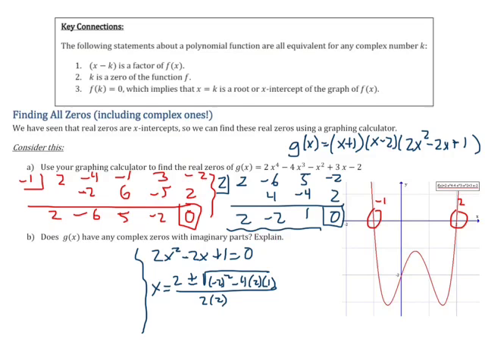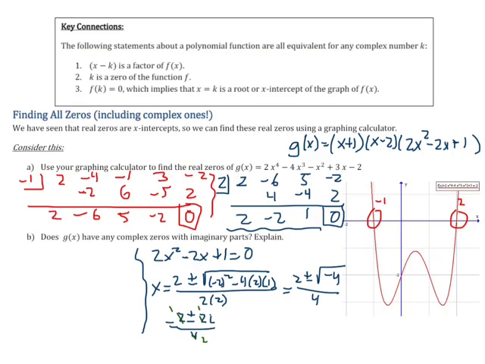Okay. And this is going to clean up to 2 plus or minus, and we have 4 minus 8, which is negative 4. So the square root of negative 4 all over 4, which is going to give us 2 plus or minus 2i all over 4. And with a little canceling here, remember that we've got to cancel both ways. So 2 goes into 2 once, 2 goes into 2 once, 2 goes into 4 twice.